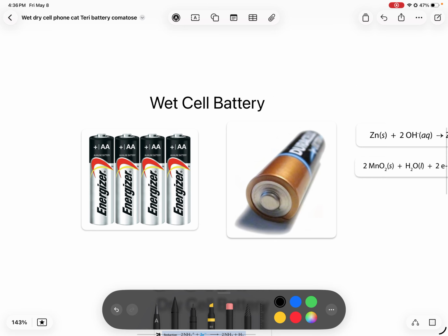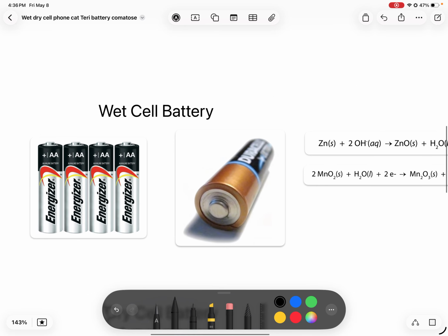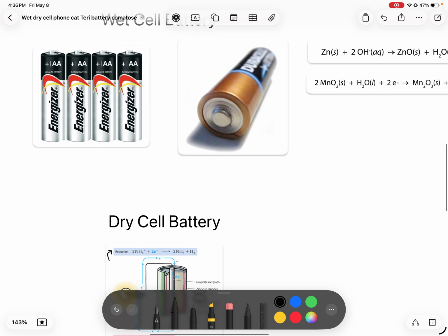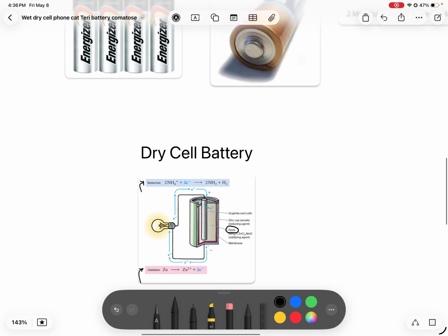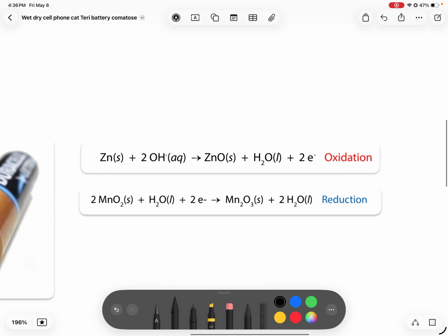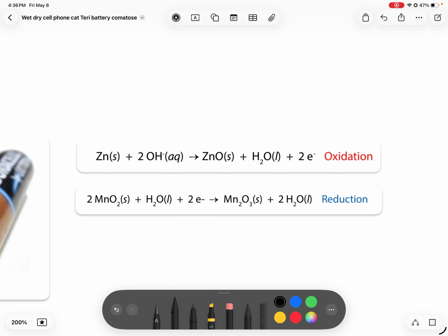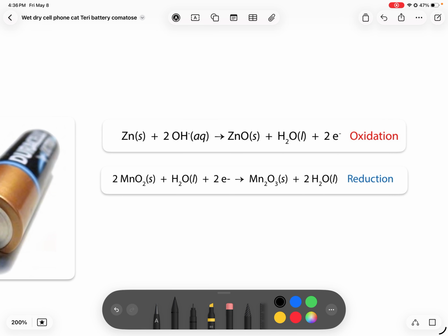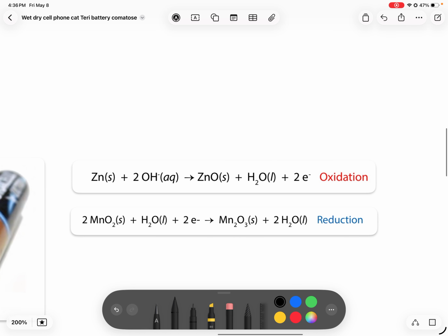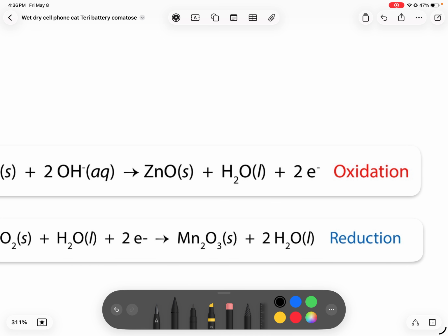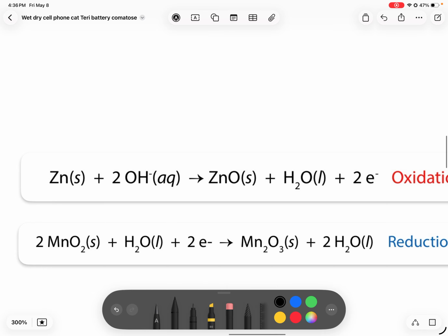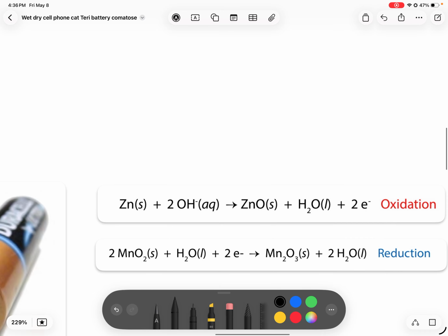The wet cell battery works a bit differently. Instead of having this huge zinc cup inside the battery, we still have oxidation-reduction reactions here, as you can see, but they involve completely different elements and components. Mainly, we have a liquid form of H2O, and this is playing a major role in alkaline batteries.